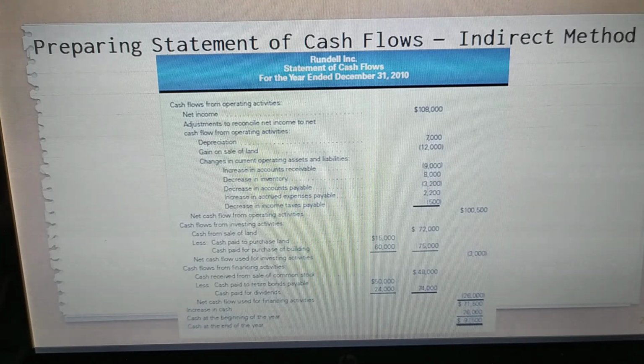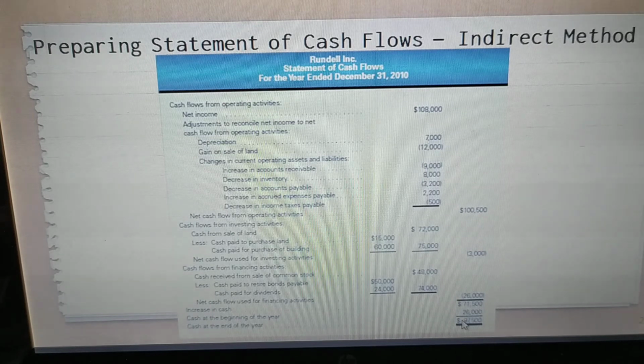After we get the net cash flow from operating activities, the net cash flow from investing activities, and the net cash flow from financing activities, we sum all of it. So we get an increase in cash of 71,500, and then we add the beginning cash, which is the 2009 cash, and the answer is 97,500.